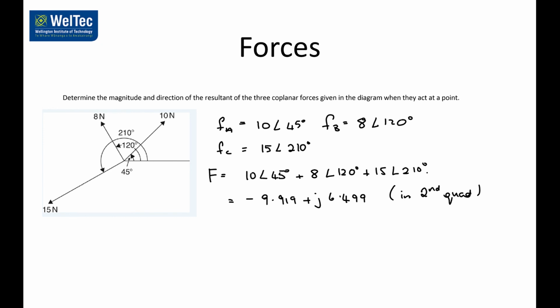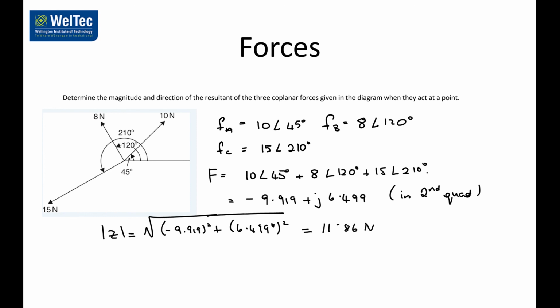The magnitude of that is going to be the square root of negative 9.919 squared plus 6.499 squared, squared on the outside, which is 11.86 newtons, and the direction of the resultant force is inverse tan of 6.499 divided by negative 9.919. So the direction is 146 degrees.